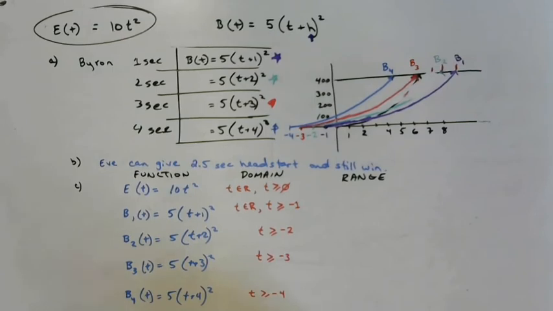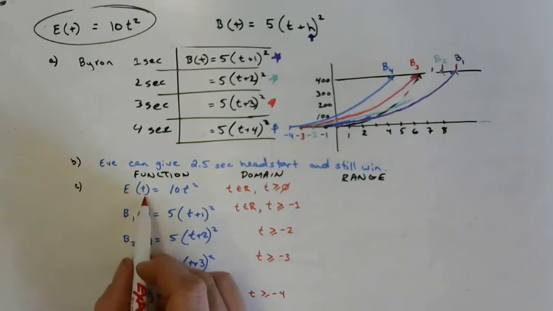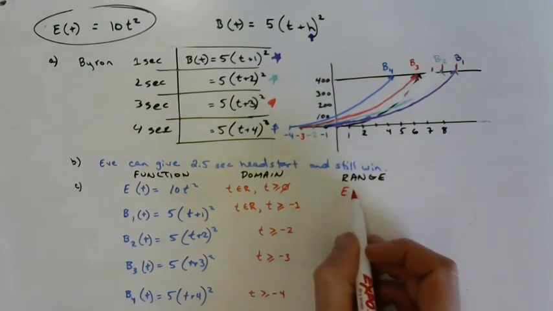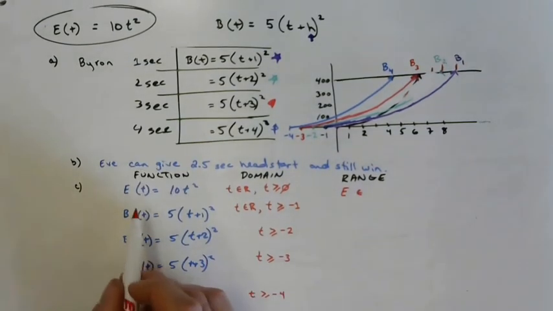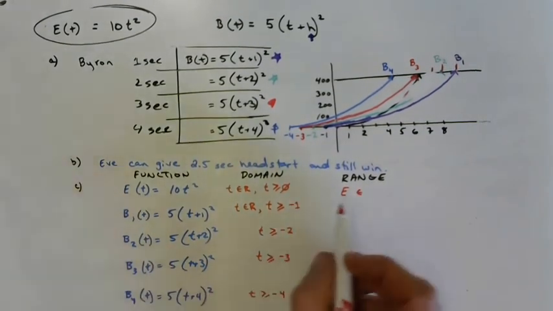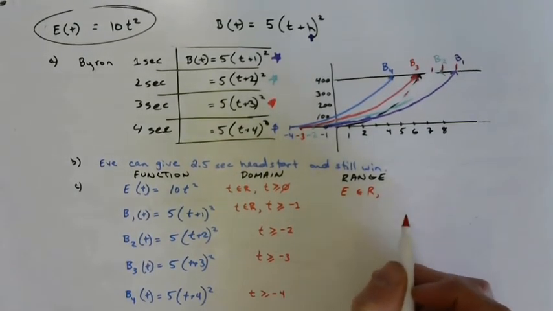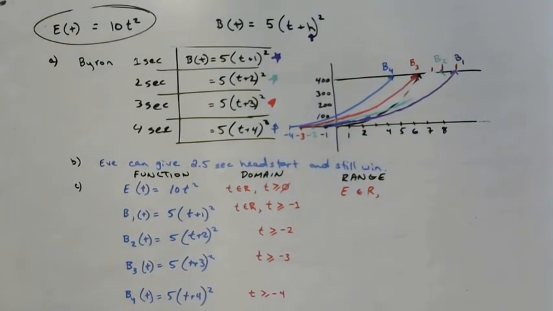And then thinking about the range. So the range is the set of y values that we're allowed to use, okay? This function is Eve, so when we're talking about range, we're thinking about Eve's distance, which is measured by e, okay? The values that can pop out of this function are e belongs to the set of real numbers, and what's the distance bounded by?